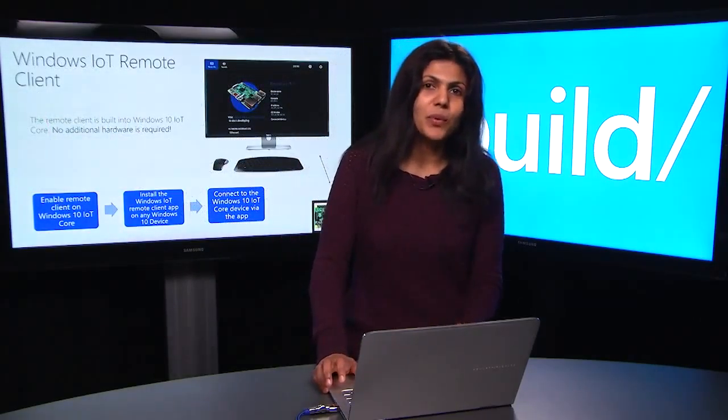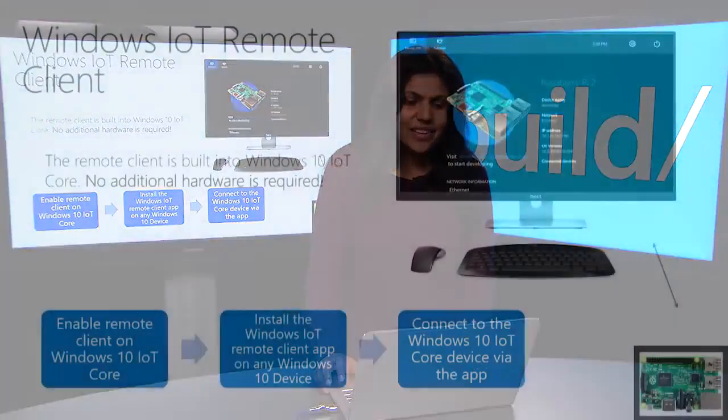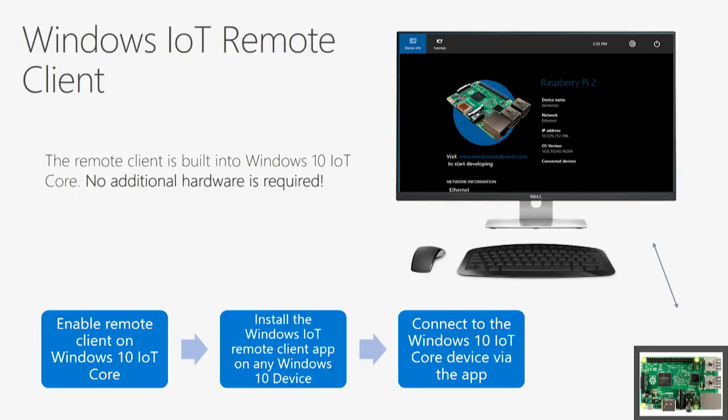So let's talk a little bit more in detail. The Windows IoT Remote Client is built into the Windows IoT Core, so you do not require any additional hardware for this. All you have to do is enable the remote client on your Windows IoT Core, and then get the Windows IoT Remote Client app from the Windows Store, and then start connecting to your IoT device.